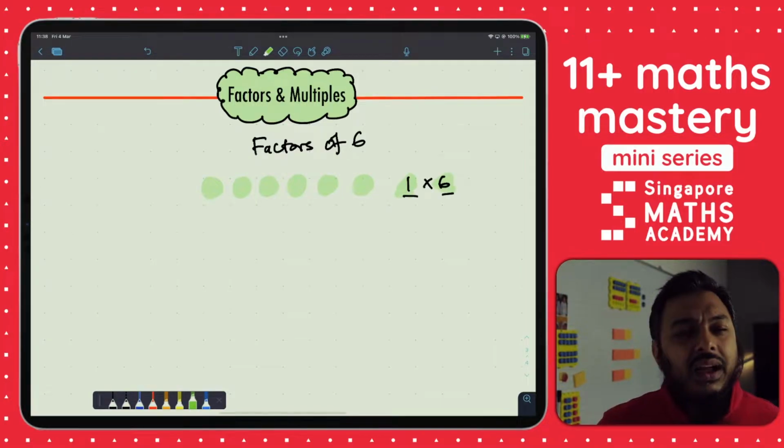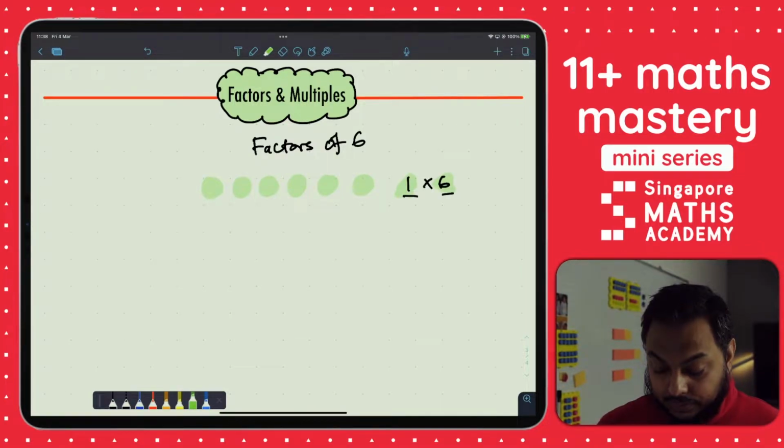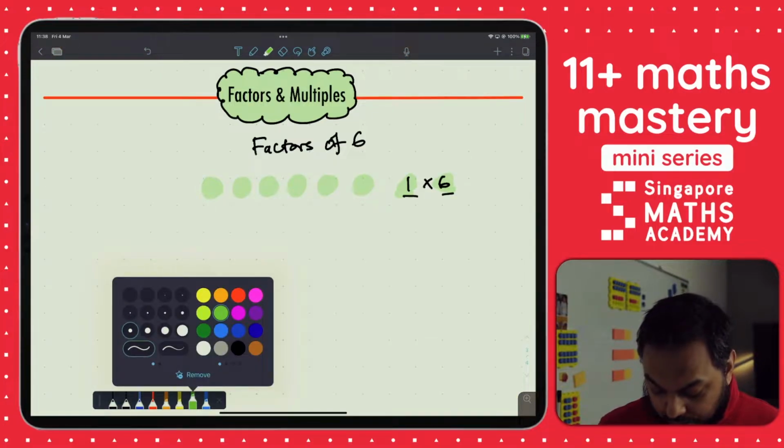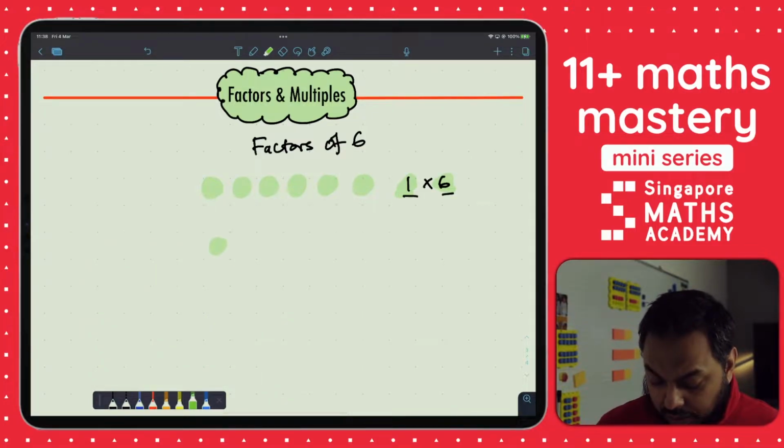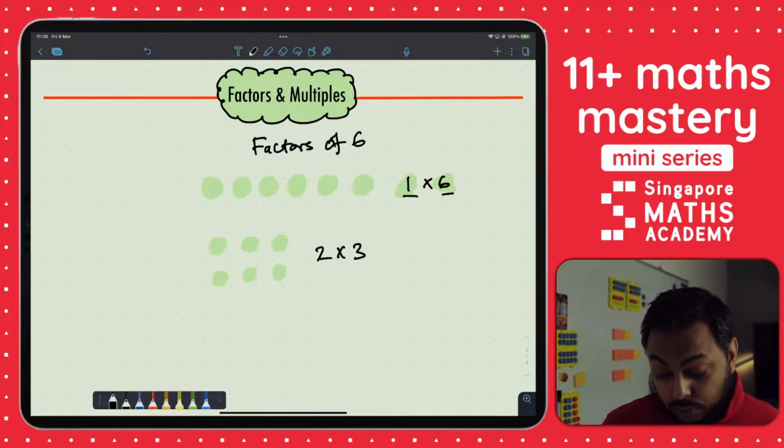But are there any other numbers that go into 6? We can think of 6 and draw out a 3 by 2. 1, 2, 3 by 2, so 2 lots of 3s. We can see that this is 2 times 3, which is also equal to 6.